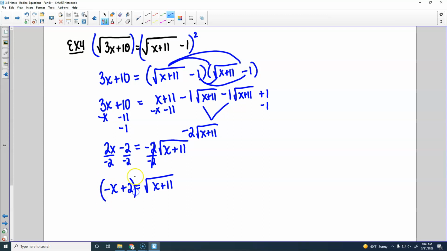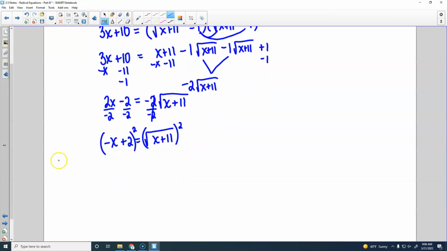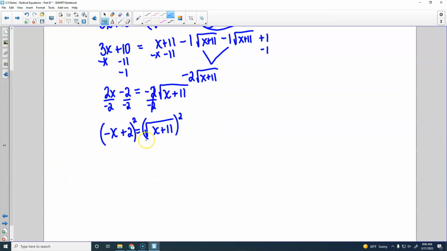And then we've got to square both sides again. So over here on that right-hand side, we'll just get x plus 11. Square root's finally gone.